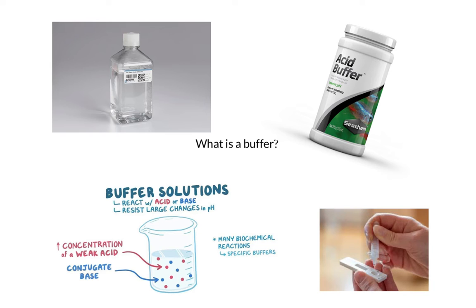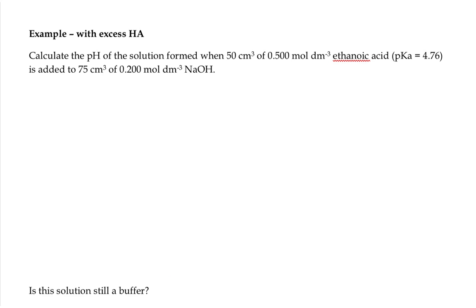Lots of human biology includes buffers. Buffers are really important for things like COVID tests. You probably remember squeezing out little bits of buffer onto that swab that you've just rubbed the back of your throat with whenever you do a COVID test. Really useful because lots of biological things need to stay at a specific pH, and buffers can help us to do that.